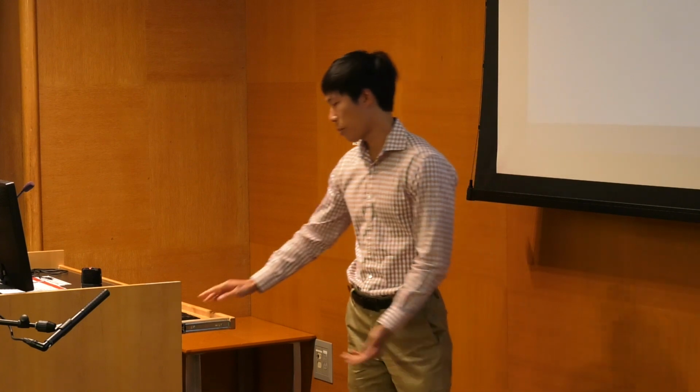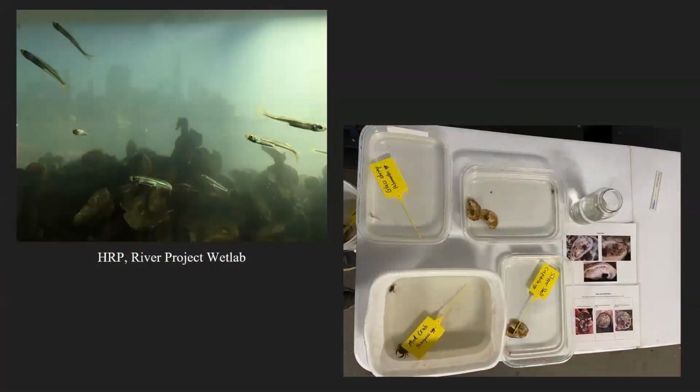But I argue that a better way to advocate for oysters is by introducing people to oysters themselves. I worked with Hudson River Park this summer, as well as their River Project Wet Lab down at Pier 40. That's in the southern region of Manhattan. And every summer they open their lab up to visitors and display live organisms that are native to the Hudson River.